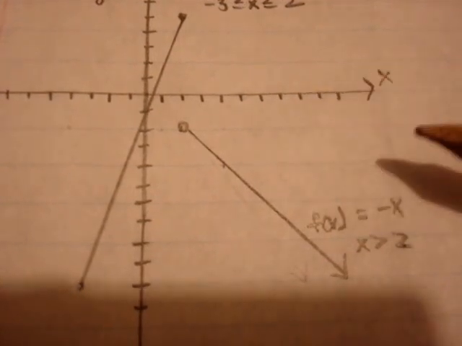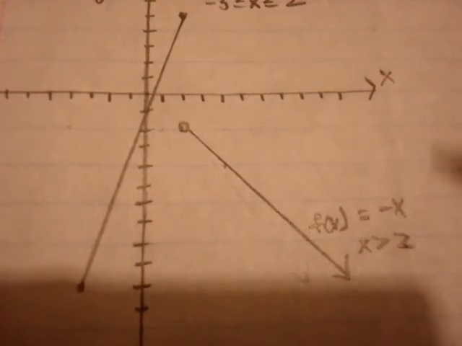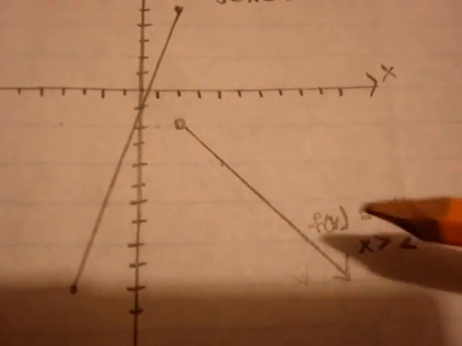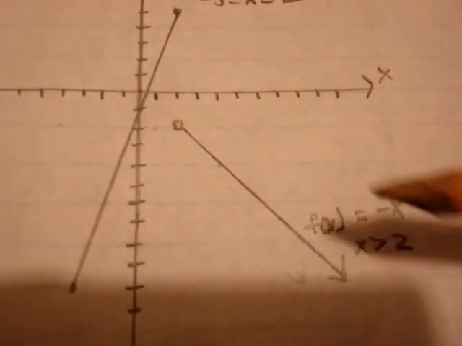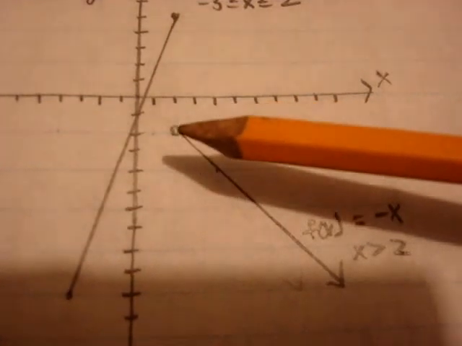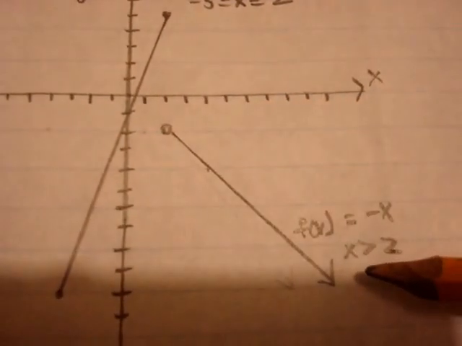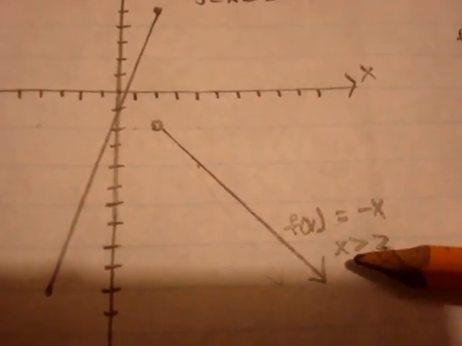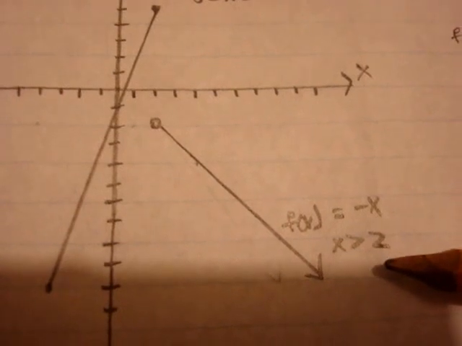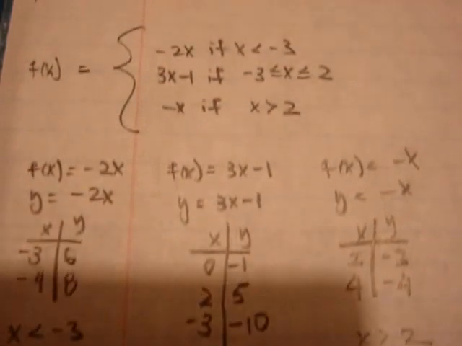If it's a second power, it'll be a parabola. But since it's linear, it'll be a straight line. The circle will be open because x is greater than 2. So for this problem, the solution is right here.